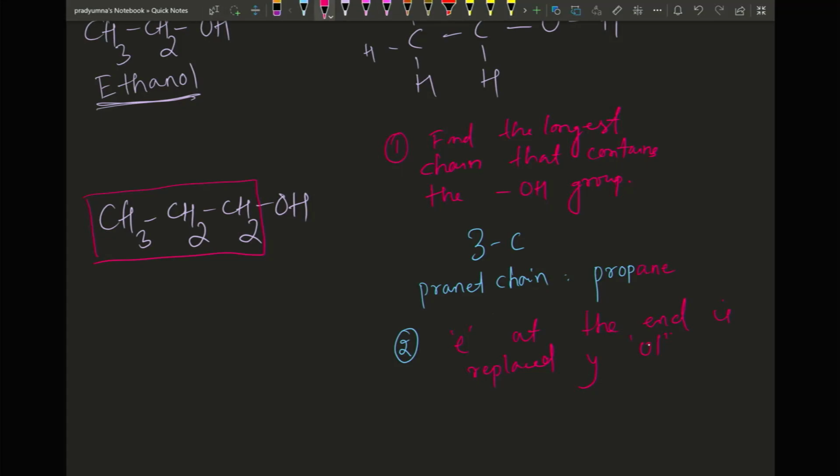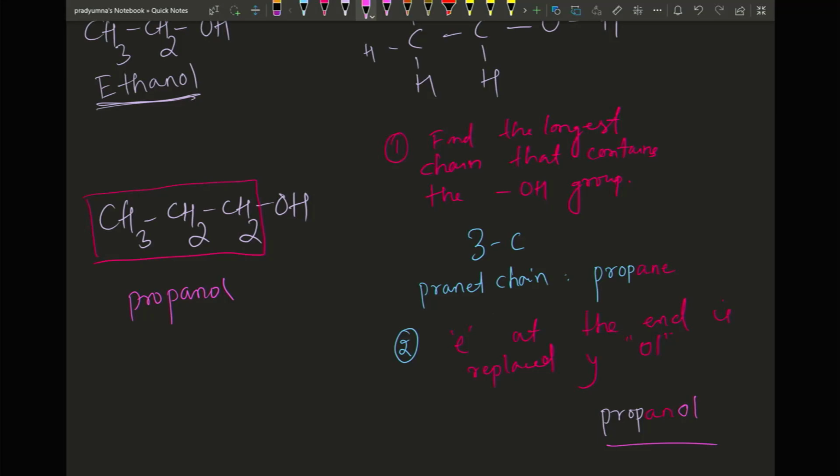OL, not LOL, right? So what should be the name? I'm color coding so that you will see the difference. Prop is for three carbons. Then AN is because all of them are single bonds. If there were one double bond, you would add EN. And the last E is replaced with OL. So the name is propanol.